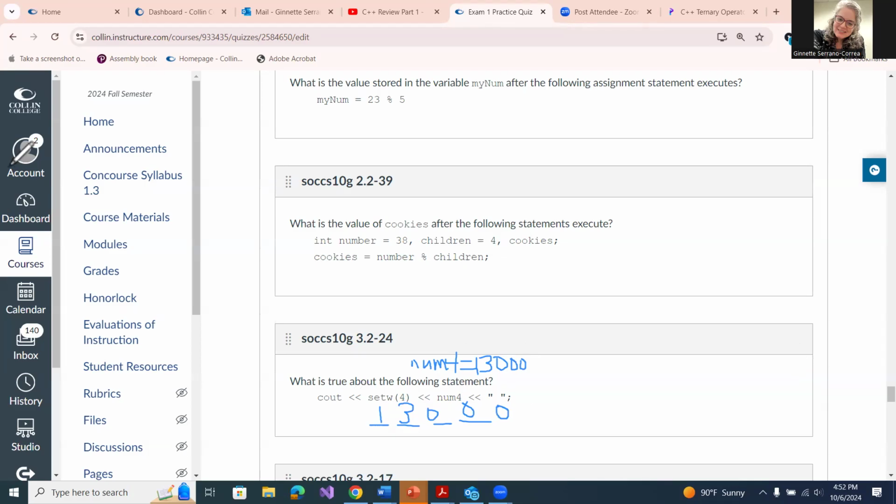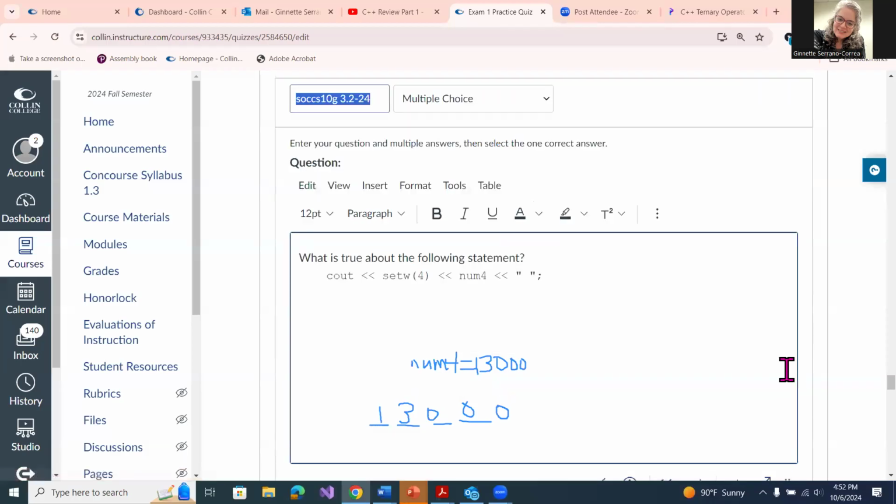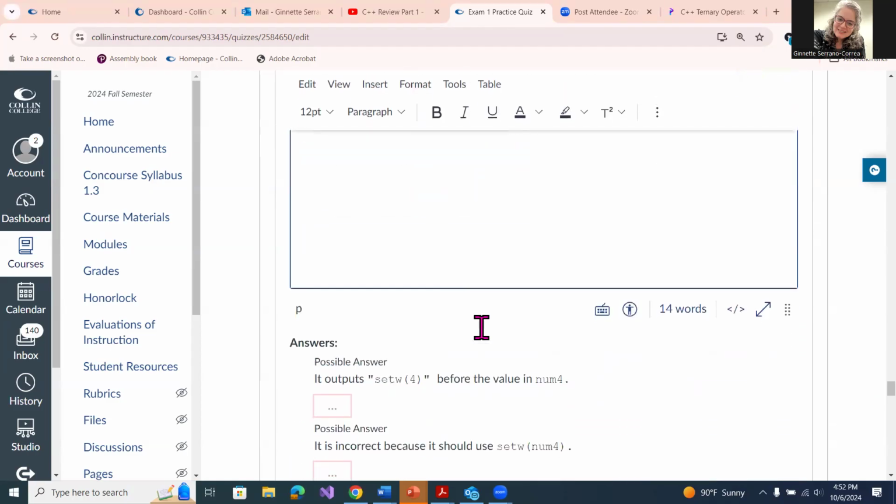Now let's take a look at the answer. Take a look at the question. So it says, what is true about this? Well, let's see. It outputs setw 4 before the value in num4. No, that would be false. It is incorrect because it should use setw num4.